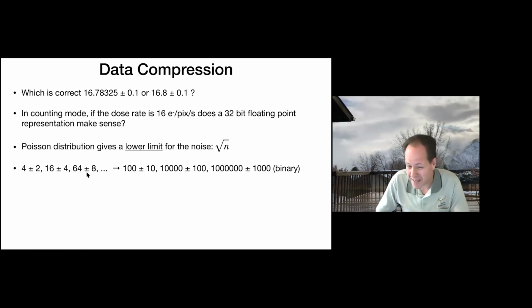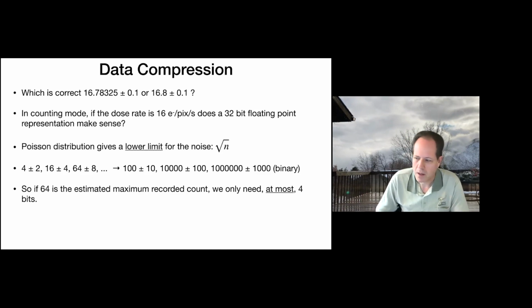Actually, this is sort of the expectation value. So technically, you're talking about a maximum, which would be even larger. But basically, we're saying that you'd really only need 4 bits to represent that sort of data with the most accuracy that you reasonably would expect.